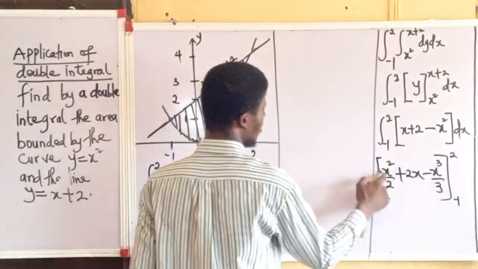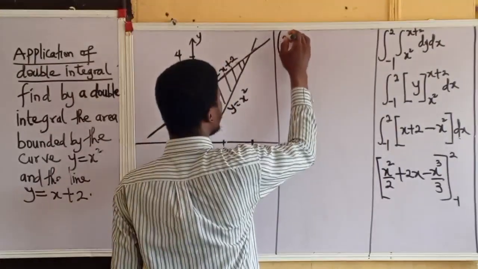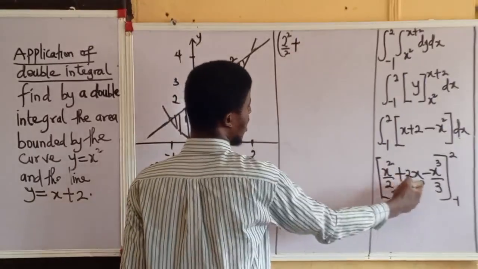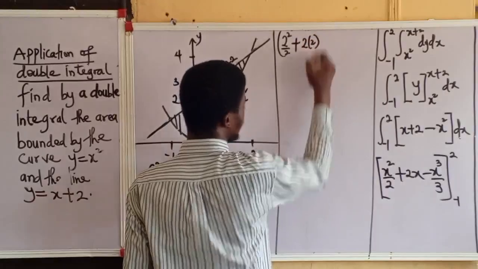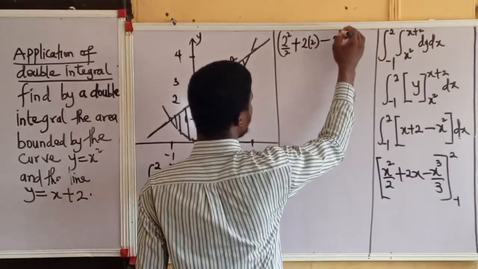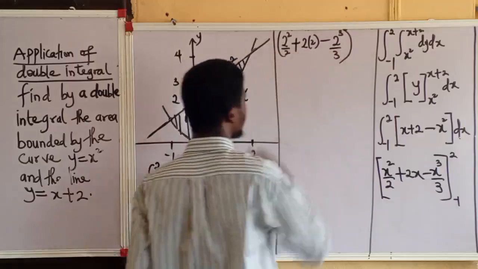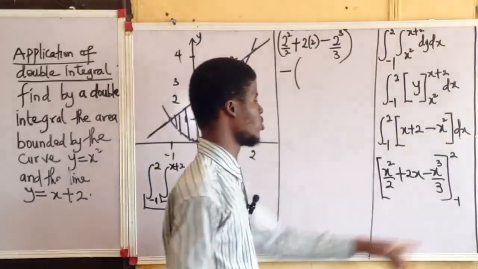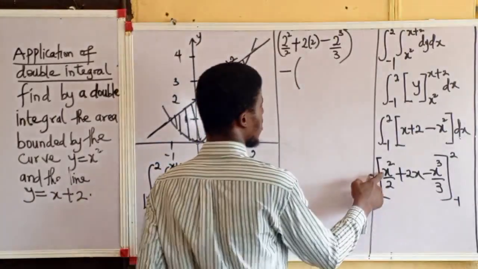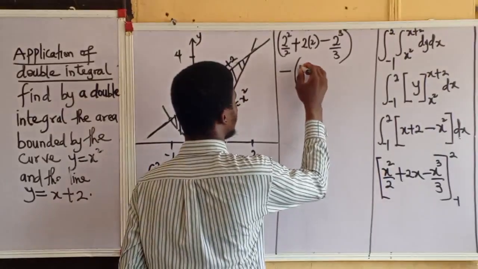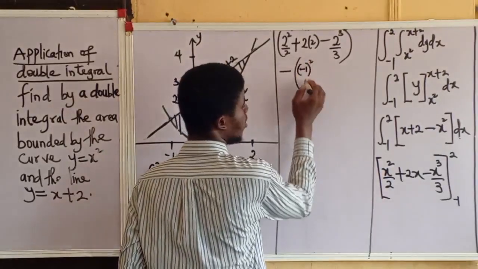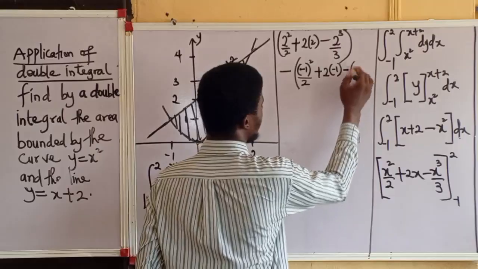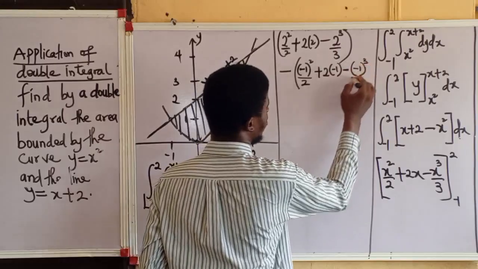So if 2 enters here, it will be 2 squared all over 2, right? Plus 2 times 2 minus 2 cubed all over 3. Then we'll now say minus, the lower limit will now enter, which is -1. -1 enters here, that will be -1 all squared all over 2 plus 2 times -1 minus -1 all cubed all over 3.